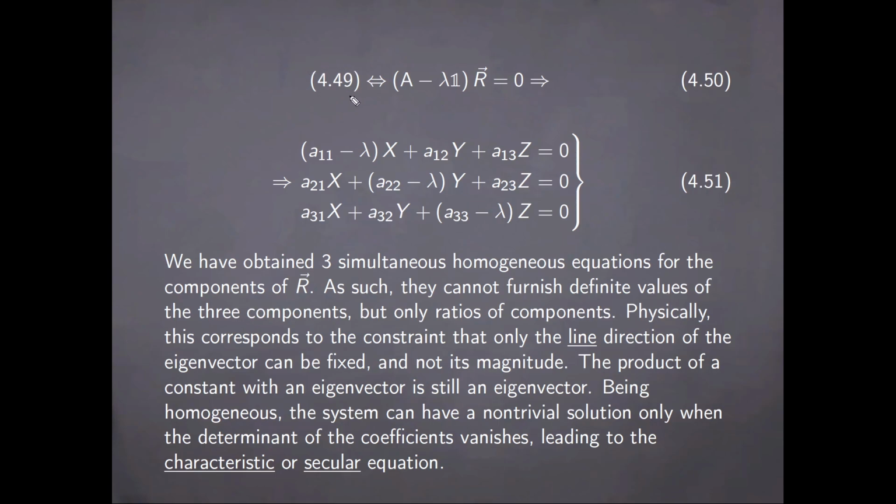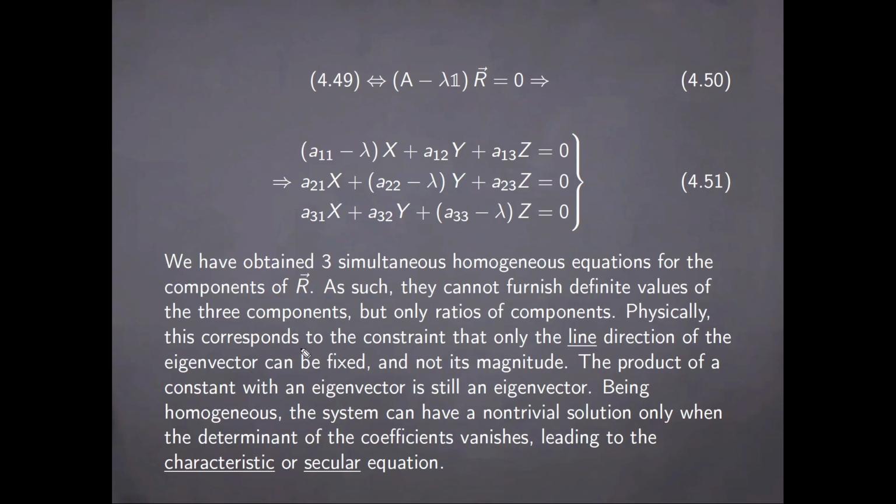Equation 449 can be recast immediately in the form here, and then we can expand this into the set written here. So, in effect, we have obtained three simultaneous homogeneous equations for the components of the vector R. As such, they cannot furnish definite values of the three components, but only ratios of the components.